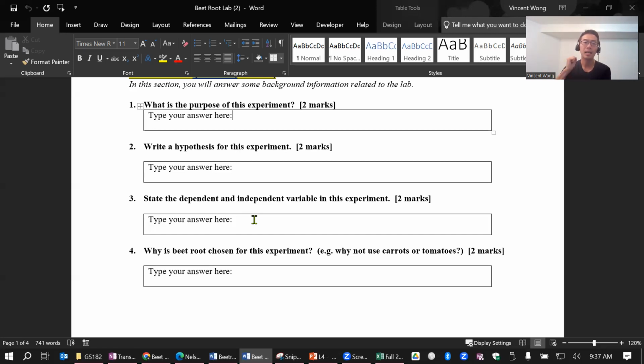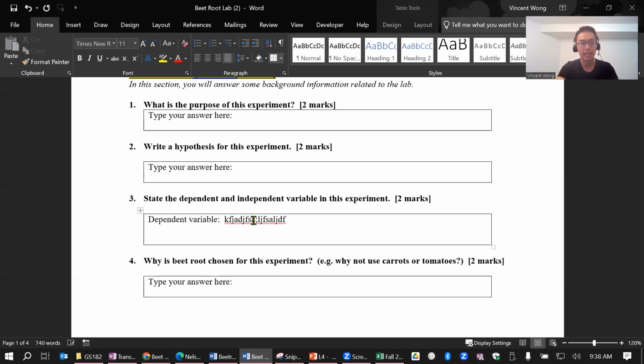The dependent variable is the one that we are measuring, that we are observing. So what are we trying to observe? What are we trying to measure? That's the dependent variable. So here you can literally type dependent variable and then whatever, and then independent variable and then whatever. Okay?